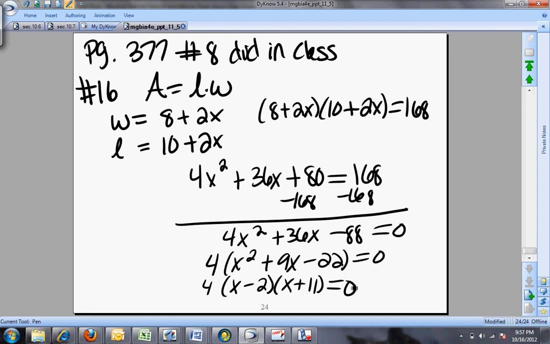So there are two options here. Remember the zero product property: either one of these parentheses has to be equal to 0. So it's either going to be 2 or negative 11. Well, the last time I've seen inches in negative values was never. So the only one that's going to make sense here would be 2. So x is equal to 2, or the width of the frame is 2 inches.